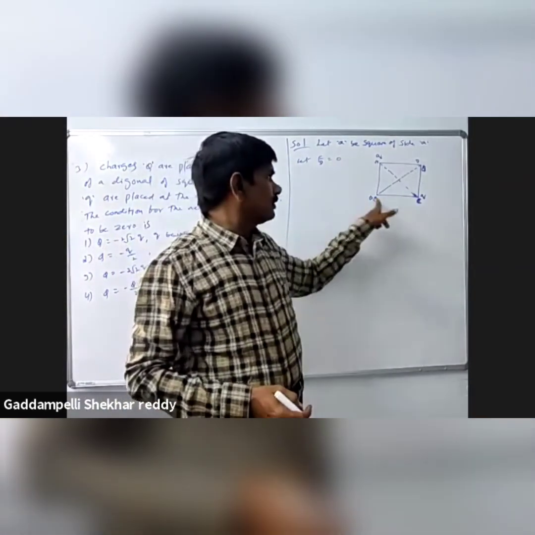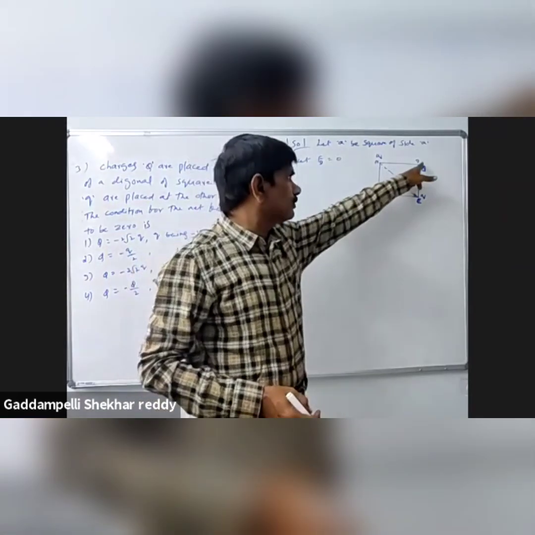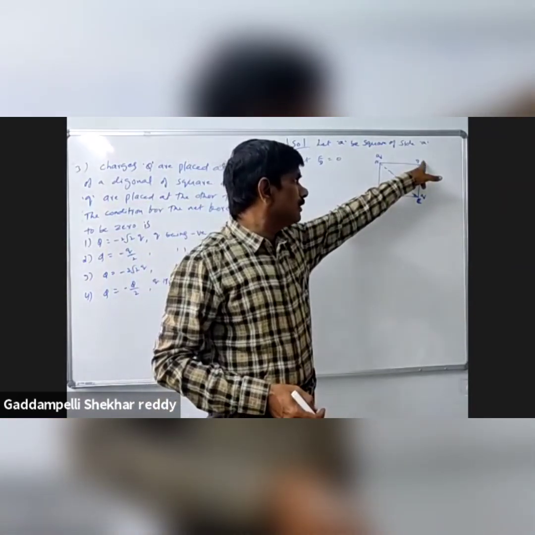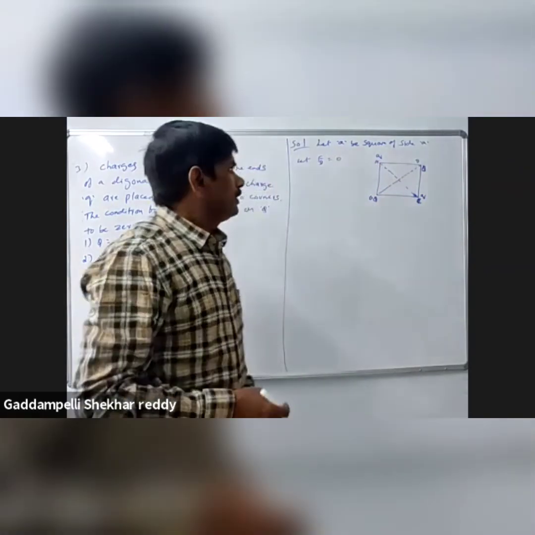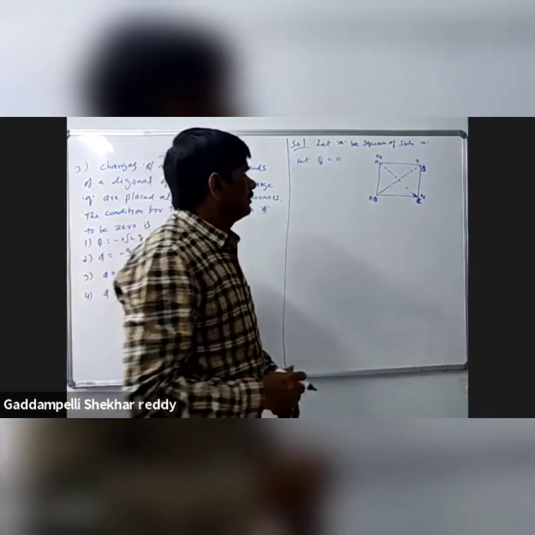So here, how many charges? 4 charges. The force on the charge at this point due to this one, this one, and this one. Here all are positive charges.